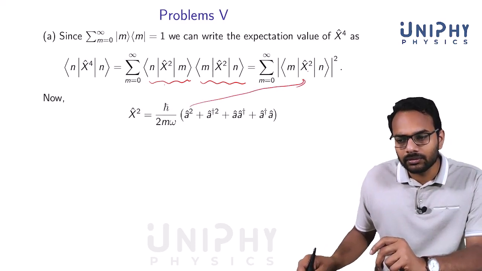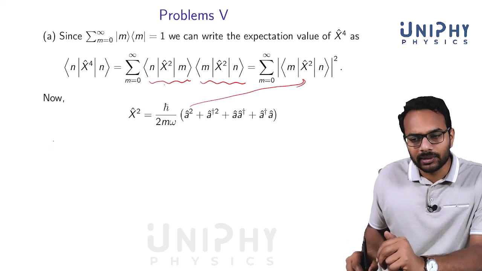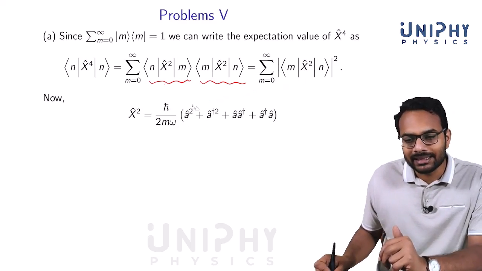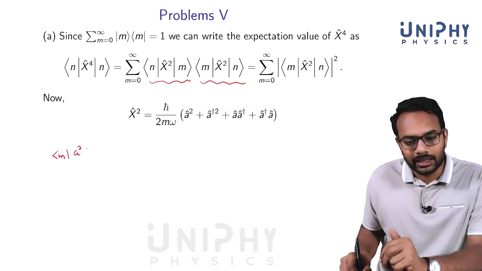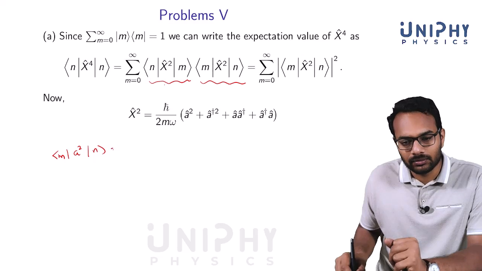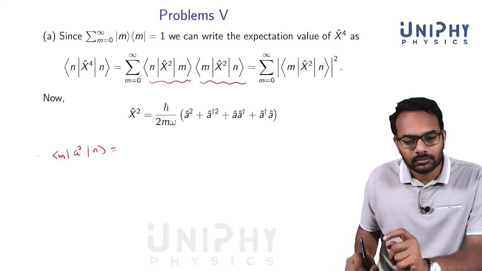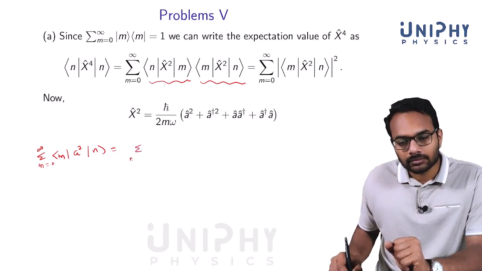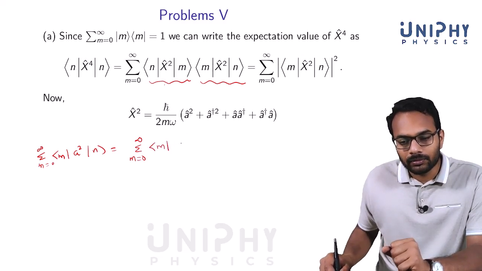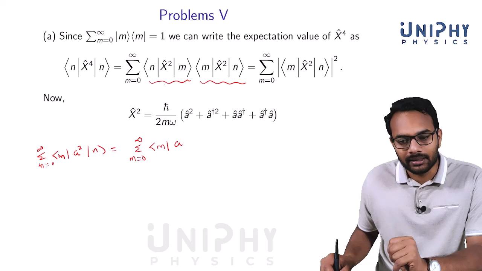The ħ/2mω is there. Let's just take this a² part first. What's going on with this? We have the summation over m from 0 to infinity of |m⟩⟨m|a²|n⟩. We keep one a because it's a square, and act one a on it, which gives square root of n.